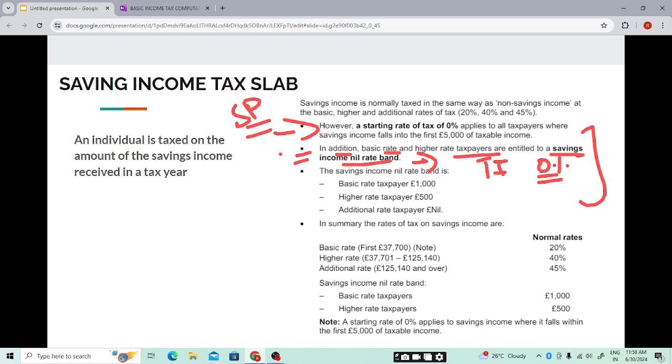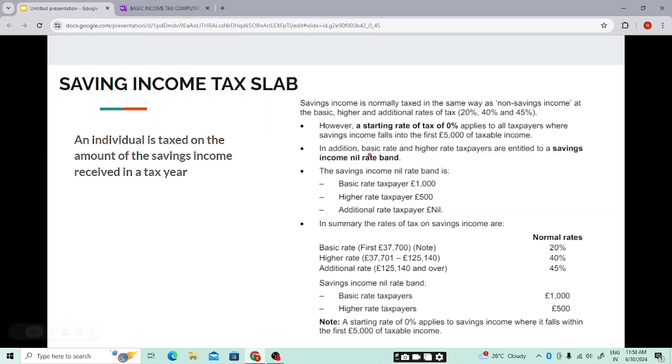So those we will be studying here. The saving income nil rate bands are available for two types of taxpayer. A basic rate taxpayer has 1,000 pounds of nil rate band. Nil rate band means 0% tax on that. For a higher rate taxpayer, the 500 limit is available, so 0% tax on that.